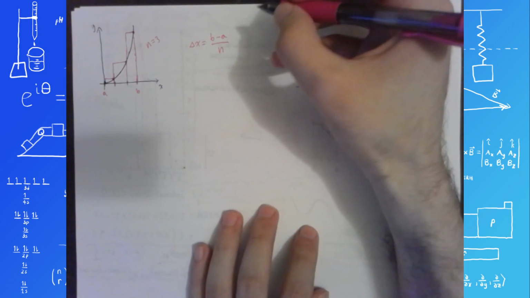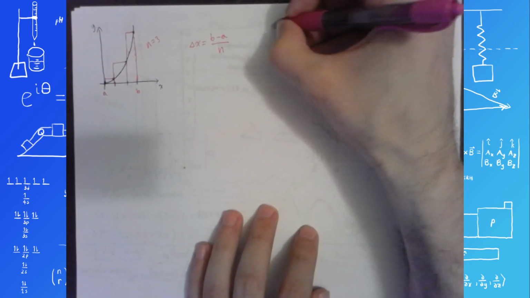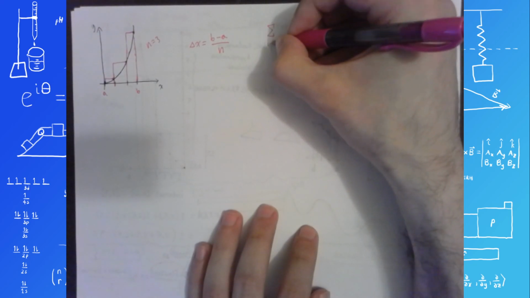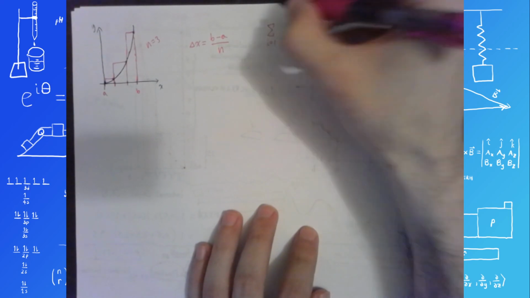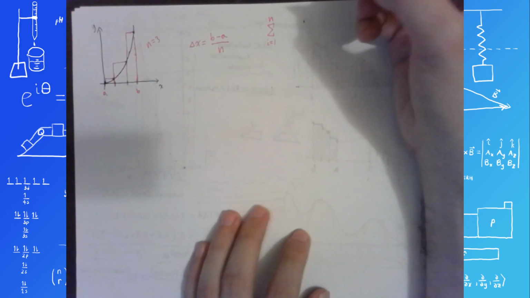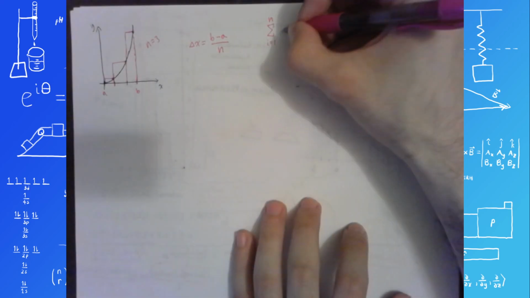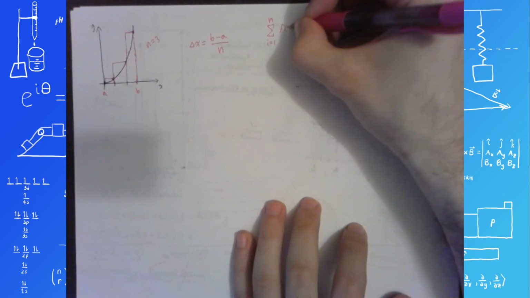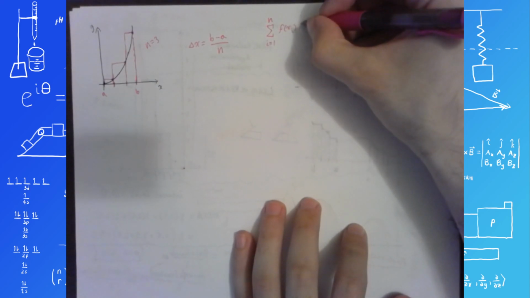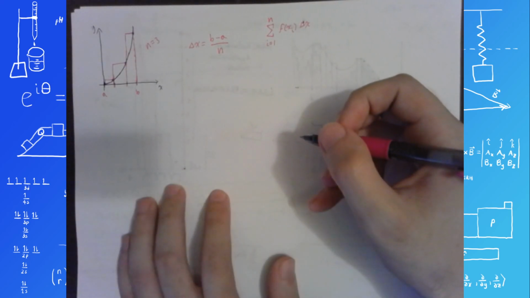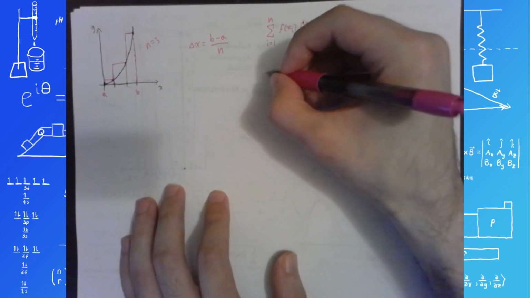As for the heights of my rectangles, the sum with i starting at 1 and going up to n for n rectangles would be f of xi times delta x. And what is our f of xi here? What is the height of each rectangle?